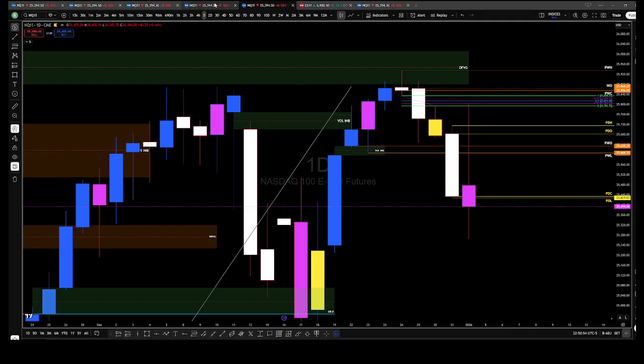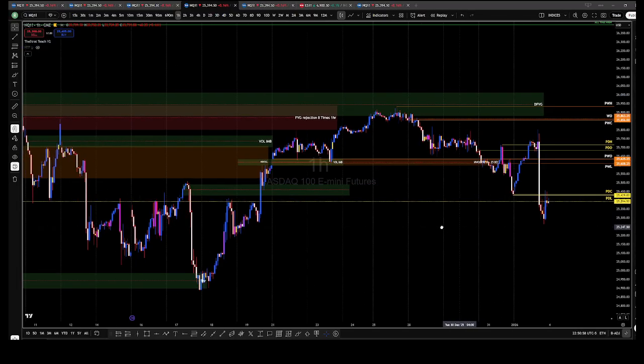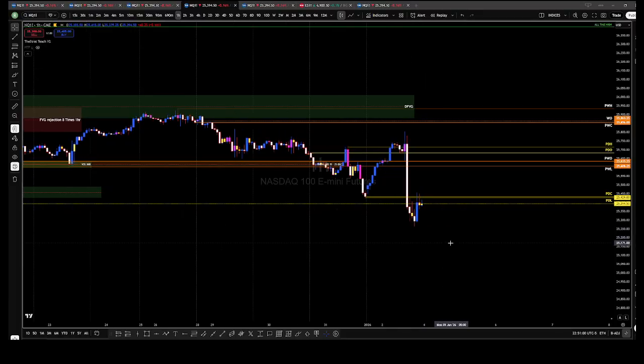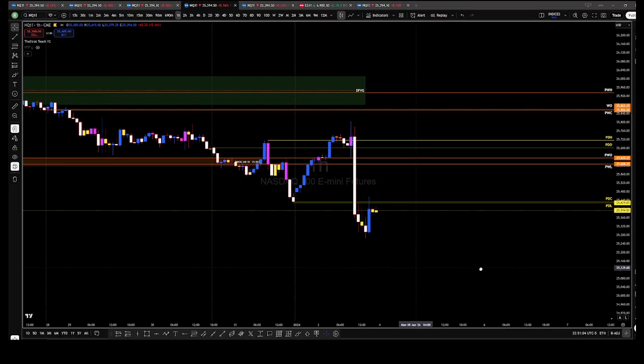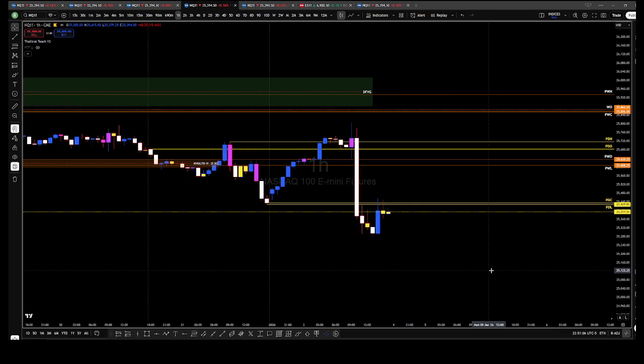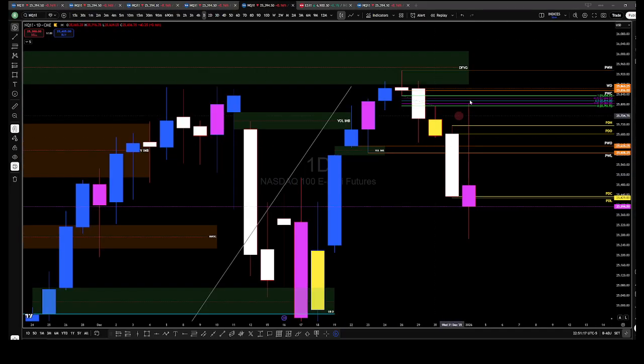But like I say, it's very important to understand the candlestick formation. So all these moves represent this candle.